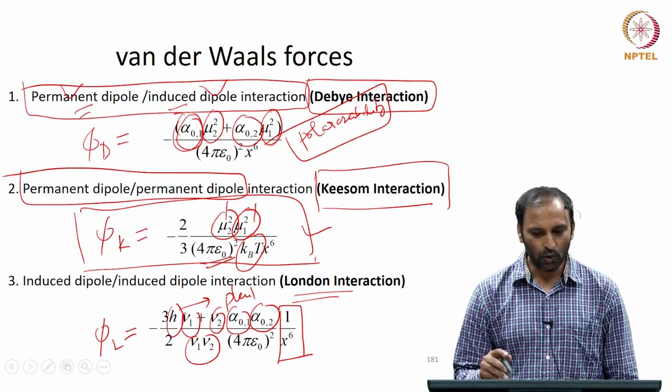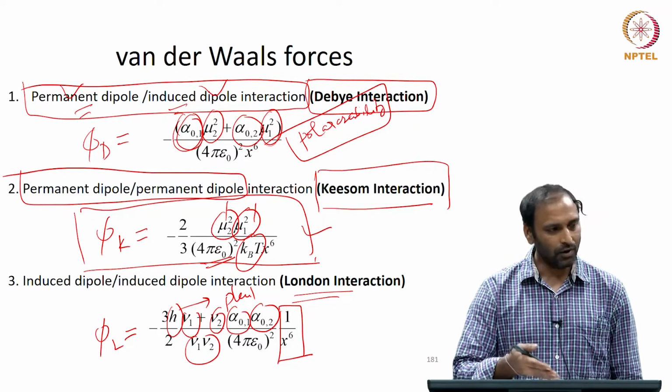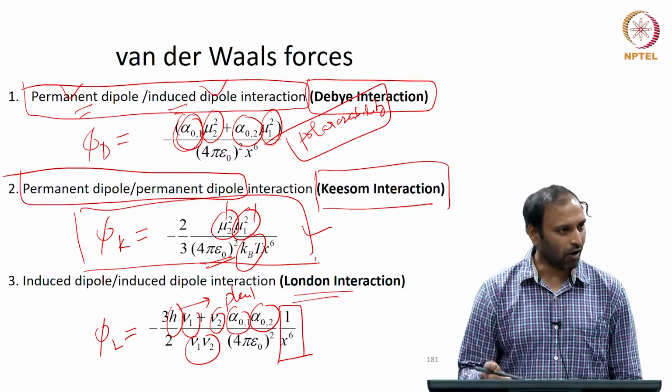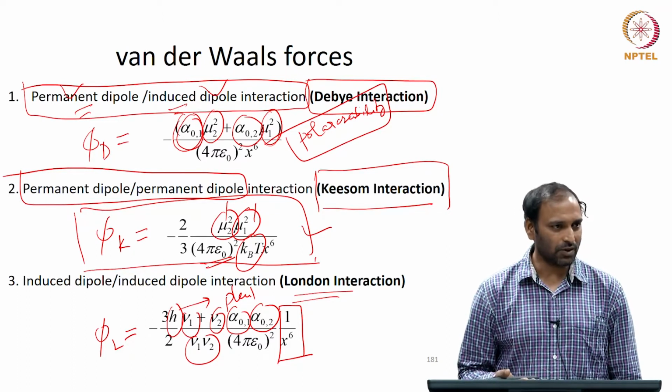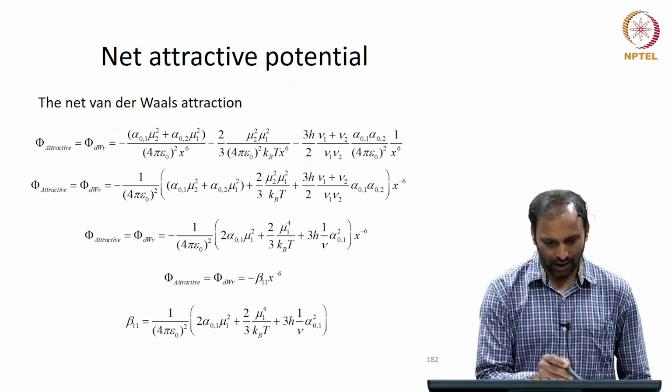Now, for a given atom or molecule, if you know all these parameters, I can plug in all of them and actually estimate the van der Waals force of interaction. So, we have done that.